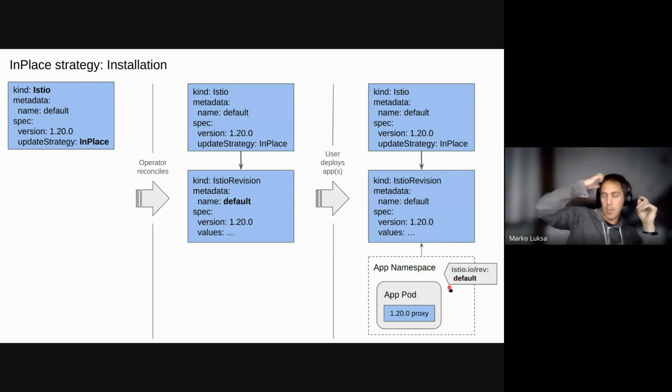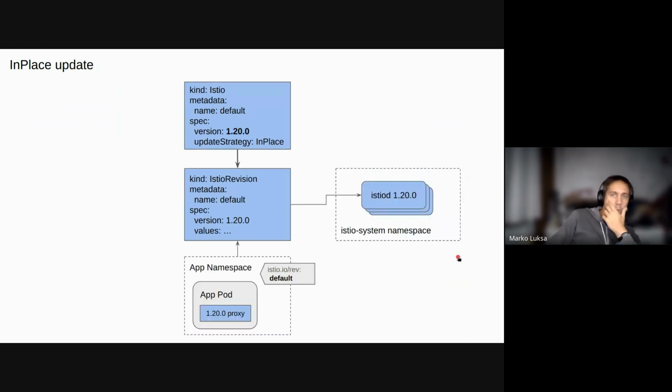To use the Istio injection label, for example. Otherwise, you have to use the revision. So this is what one might expect, right? You create Istio, you get an Istio revision, you get the control plane, and then you reference the revision in your workloads. With an in-place update, for example to move from 1.20.0 to 1.21, the user just bumps the version field, and the operator will then update the Istio revision resource.